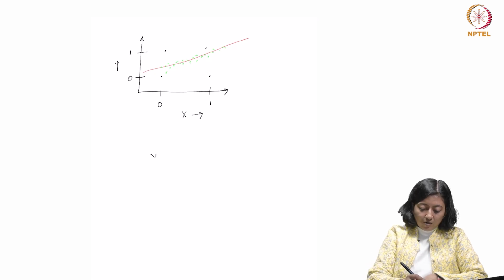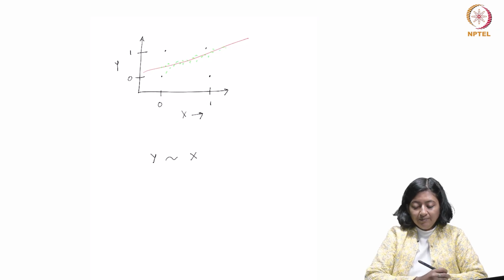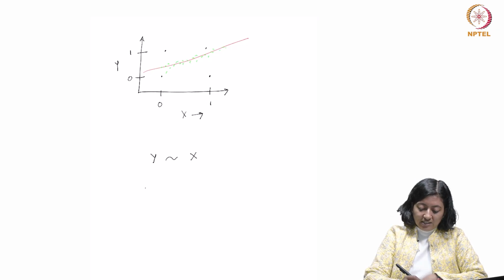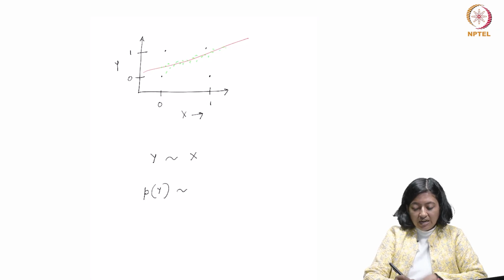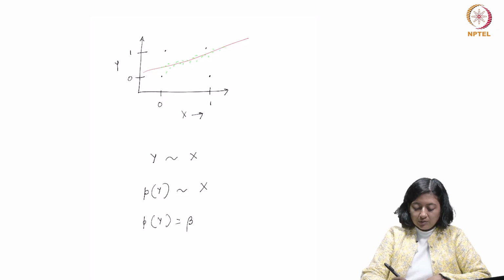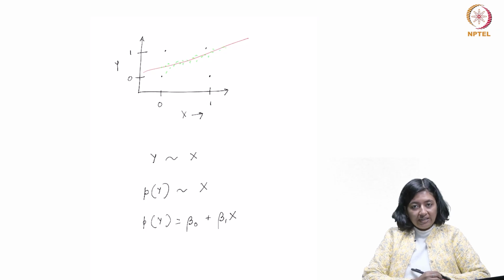So, since we are not able to regress y on x directly, we can maybe try to regress probability of y on x. So, the equation becomes probability of y equal to the intercept plus the slope into values of x.